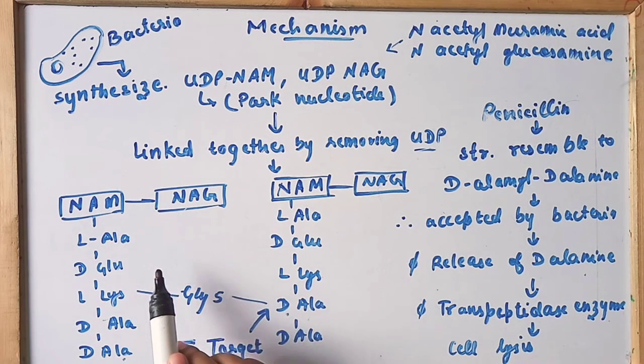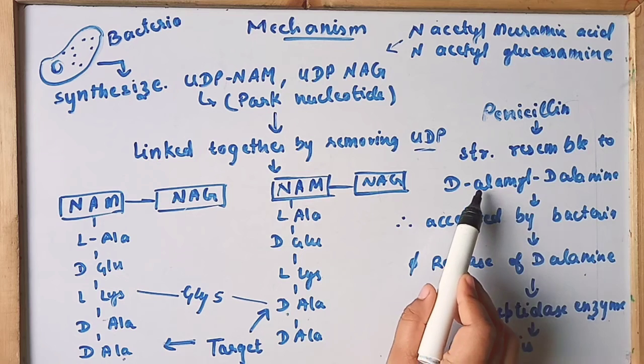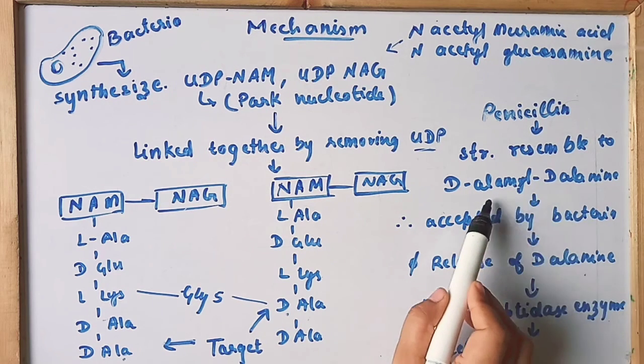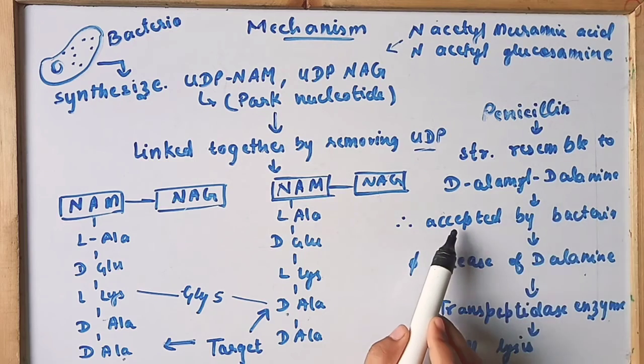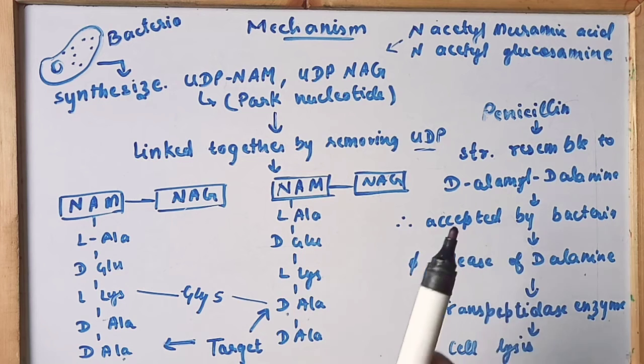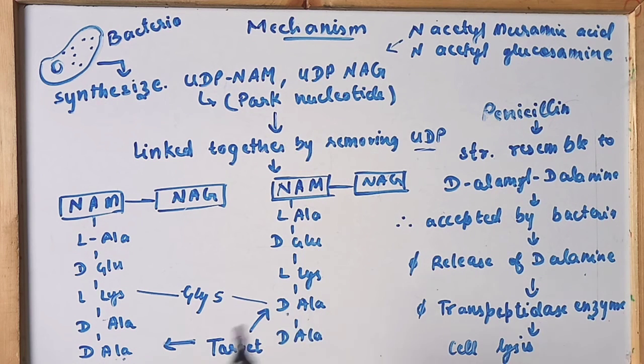So how does bacteria take up the penicillin? The penicillin has a structure resembling the D-alanine. Since the structure resembles D-alanine and D-alanine, the bacteria take the penicillin by mistake, and due to which this structure directly goes and binds to this branching, and they inhibit the D-alanine release.